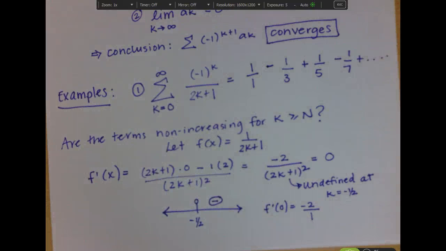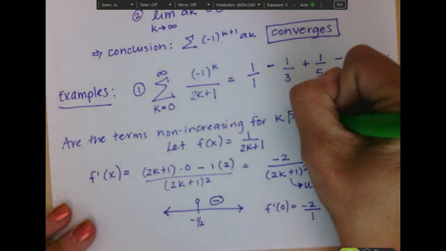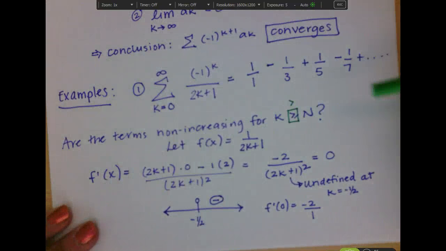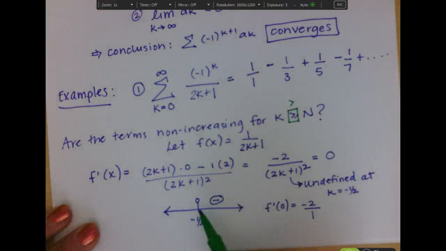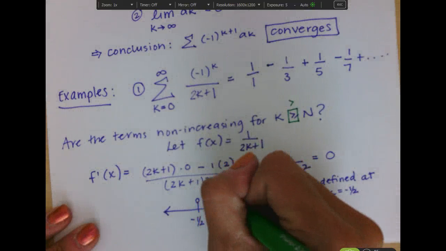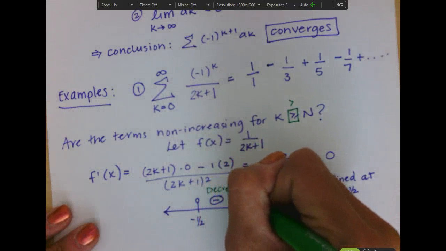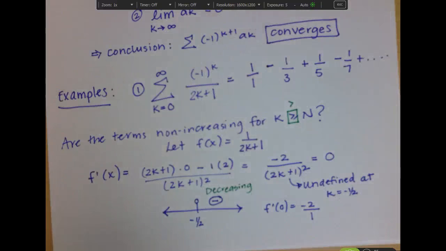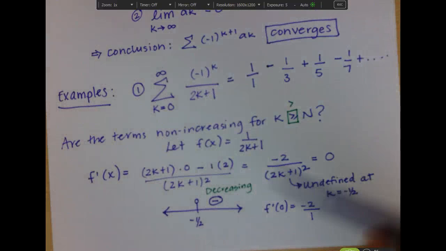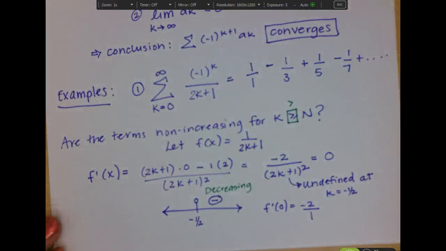Now let me just point out a notational error that I did make here. I said k greater than or equal to n, but there are scenarios such as this one where we can't have k equaling negative 1/2 because it's undefined there, but for everything larger than negative 1/2, our function is decreasing, which does fit the criteria that we are non-increasing.